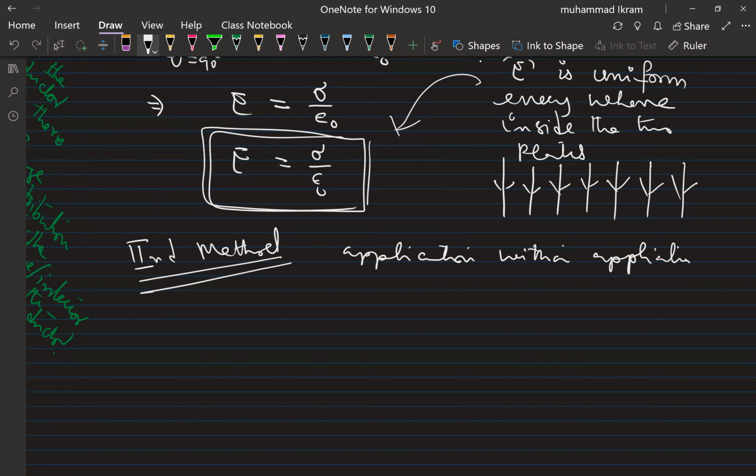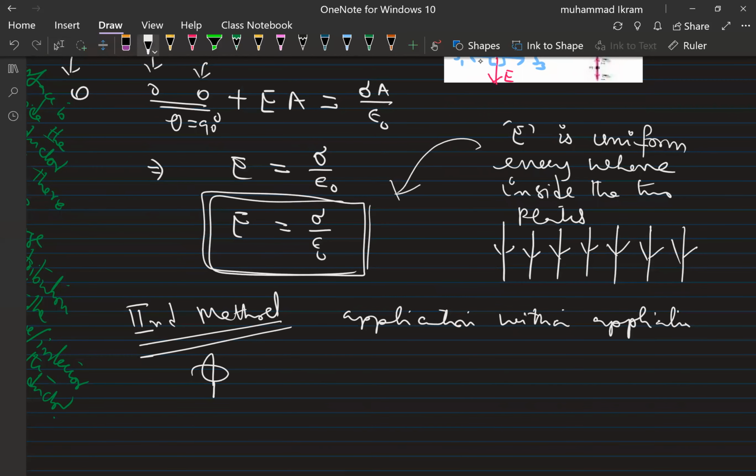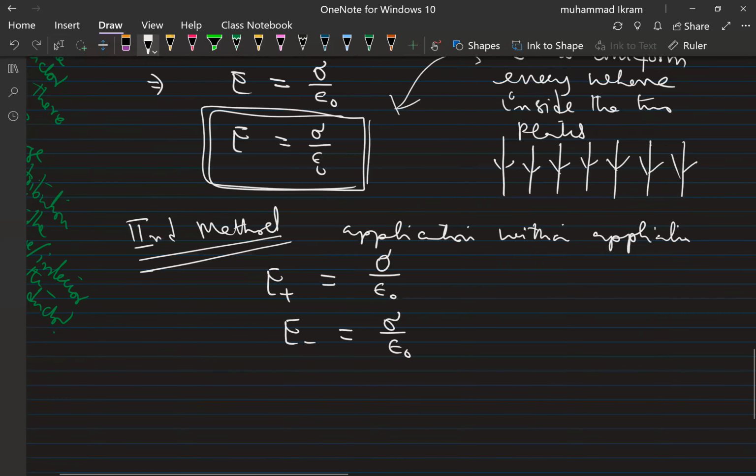And this is so easy. We know that for the positively charged plate, the electric field intensity is sigma by 2 epsilon naught. And for the negatively charged plate, it is also sigma by 2 epsilon naught, right?